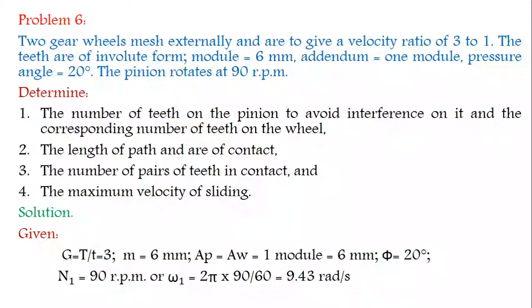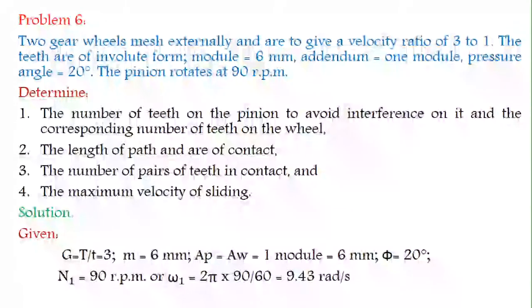Here the number of teeth on the gear and the number of teeth on the pinion are not given. Using the previous minimum number of teeth on the pinion and wheel to avoid interference formula, you have to find the number of teeth on the pinion and the gear wheel.